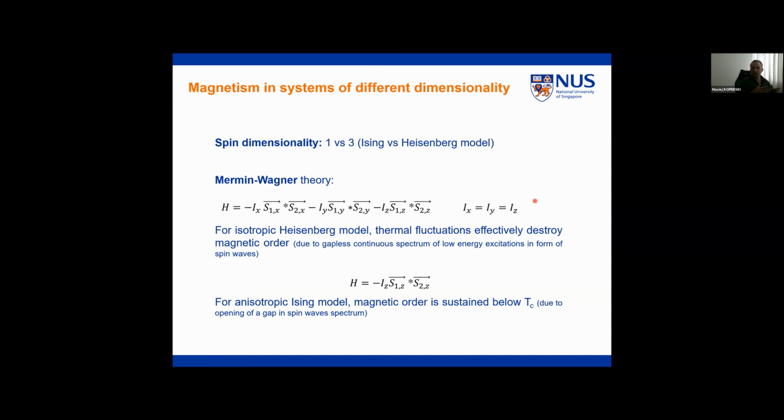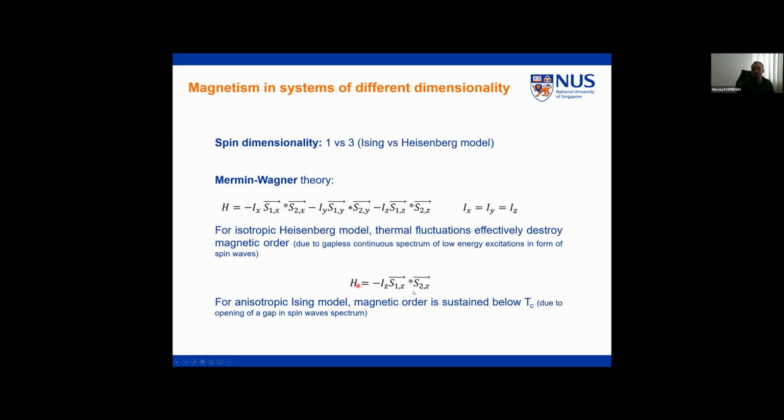And then there is, as has already been discussed many times, a Mermin-Wagner theorem that distinguishes these two cases of spin dimensionality 1 and spin dimensionality 3. So the spin dimensionality 3 is described by the so-called Heisenberg model, and just like in a three-dimensional spatial arrangement of spins, in this kind of model it creates a gapless spectrum of spin waves, so that the magnetic order may not exist in this configuration.